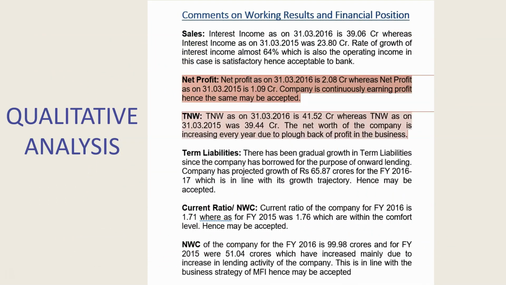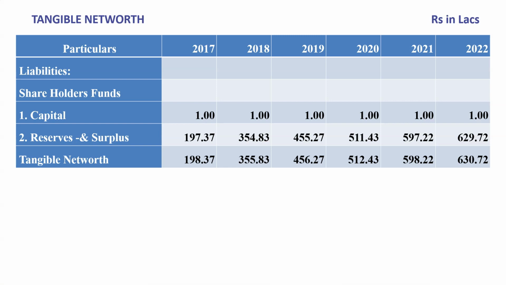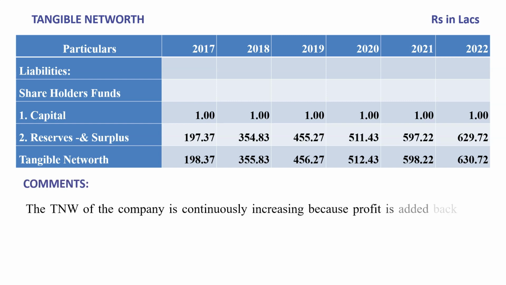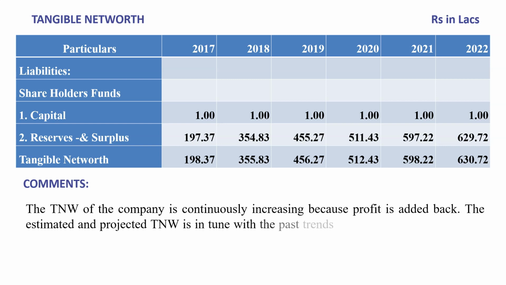Now let's try to analyze and frame our remarks regarding the tangible net worth shown on your screen. Normally, what comments are we writing in the process note at the time of appraisal? The tangible net worth of the company is continuously increasing because profit is added back. The estimated and the projected TNW is in tune with the past trends and therefore reasonable and acceptable.